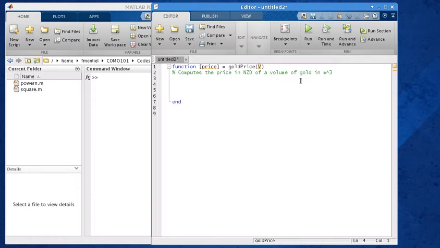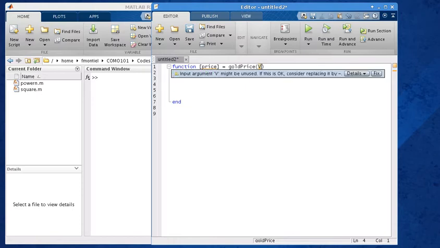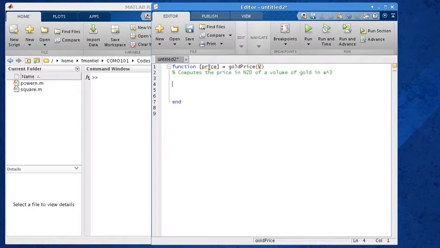So what do we know? We need somehow to relate the volume to the price, but we don't have all the data here. There is not just a formula that links one to the other. What we need to know is the density of gold. If you do a quick internet search, it's going to be given in kilograms per cubic meter.